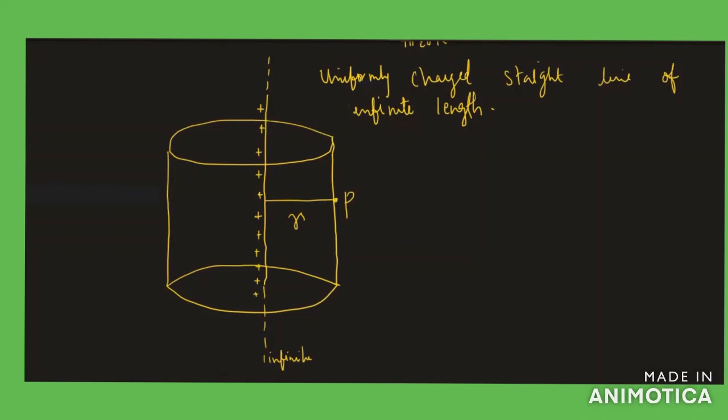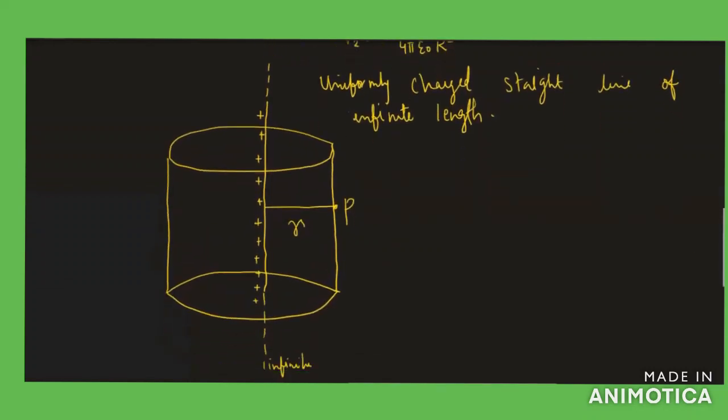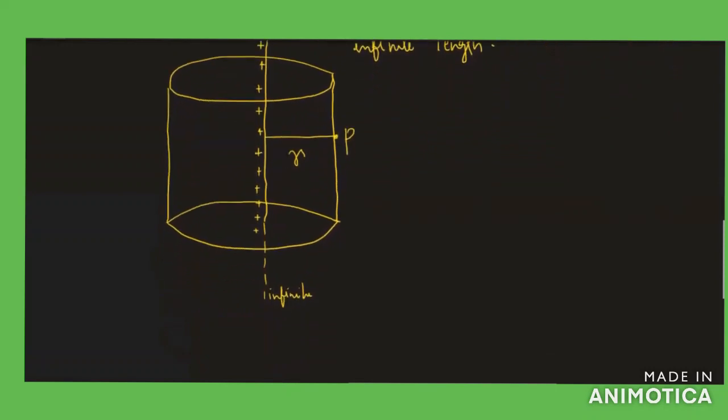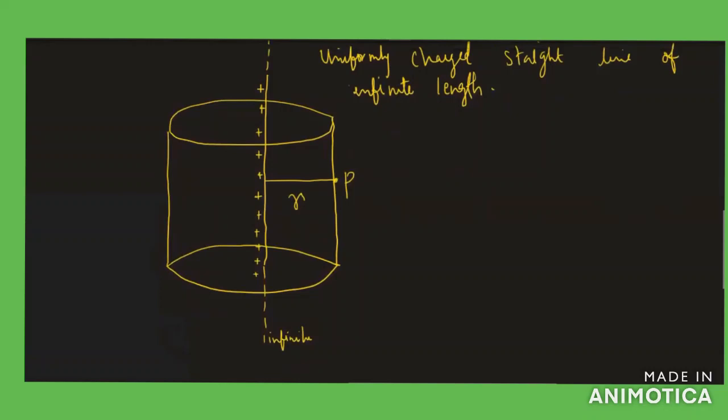So if a charge configuration has spherical symmetry, we can select a spherical Gaussian surface to make the mathematics simple. And if a charge configuration has a cylindrical symmetry, we can choose a cylindrical Gaussian surface. Here the cylindrical Gaussian surface has radius r, and the charge distribution is the axis of symmetry.